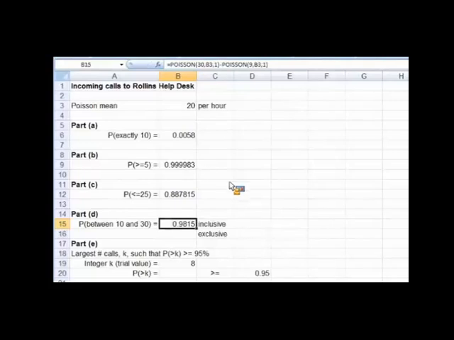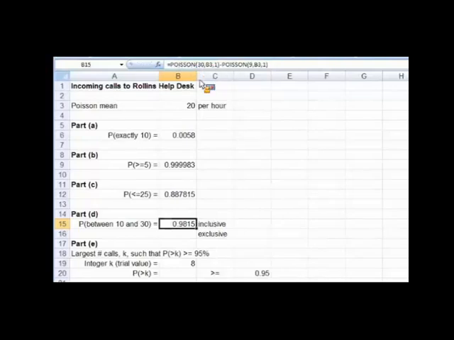Okay, now as a slight variation of that, we could ask what's the probability of getting between 10 and 30 exclusive of those boundary values. So now I don't want to include 10 and 30. I want to include everything from 11 up to 29. So I'm excluding the values of 10 and 30. How would that change the formula that we just developed? Well, the upper end of the value range I'm interested in is not going to be 30 anymore.